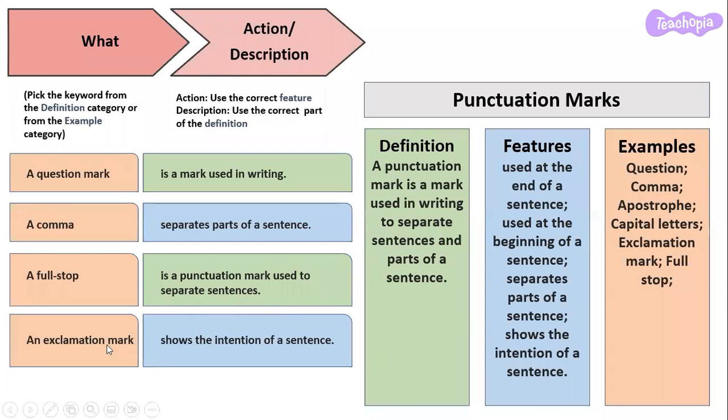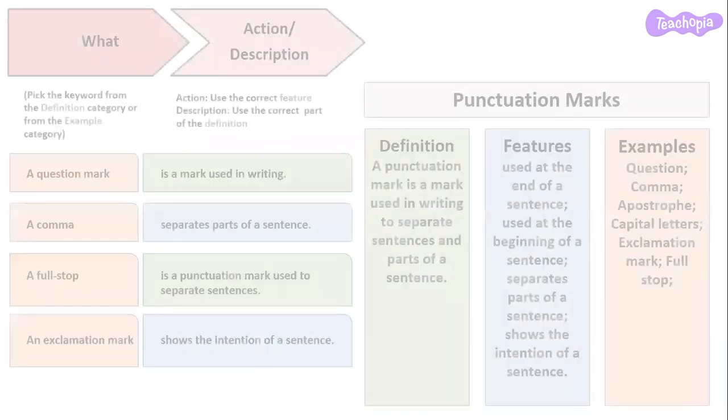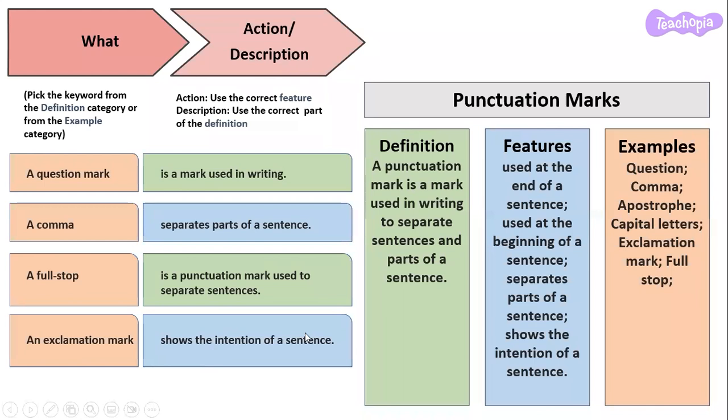Now, what about if I want to talk about an action related to the topic? So here in the first block, I want to talk about an exclamation mark. Here I can use one of the features that suits an exclamation mark to fill in my second block as the action related to an exclamation mark. For example, an exclamation mark shows the intention of a sentence.